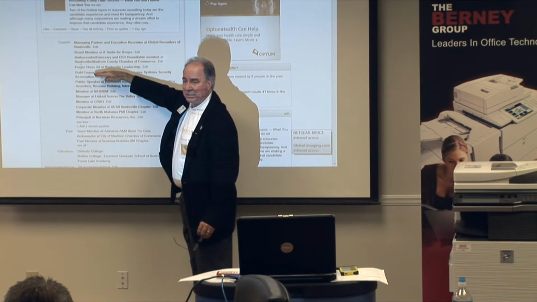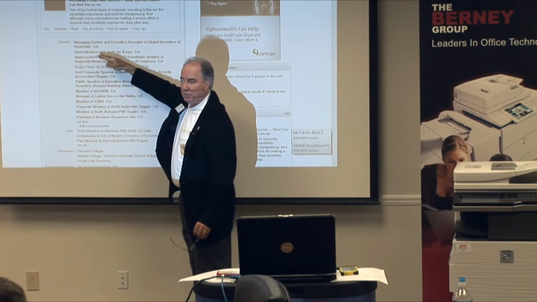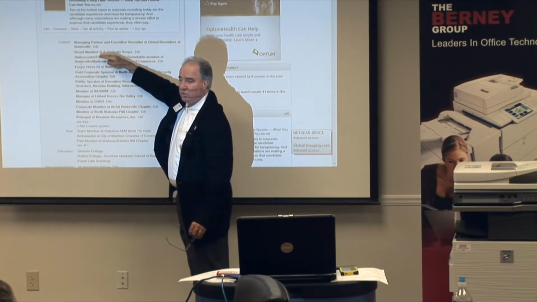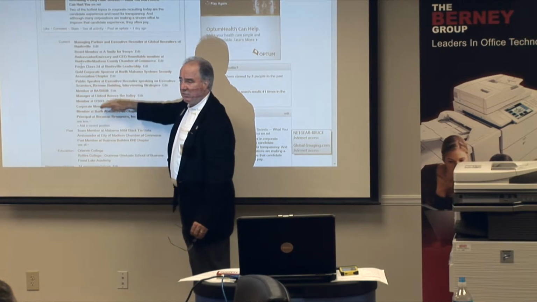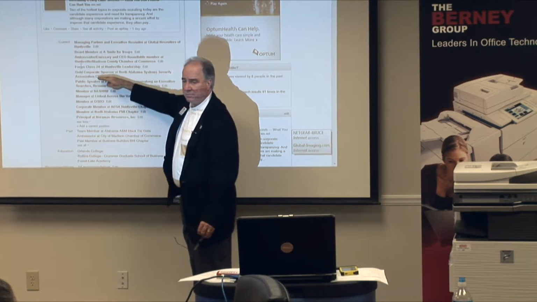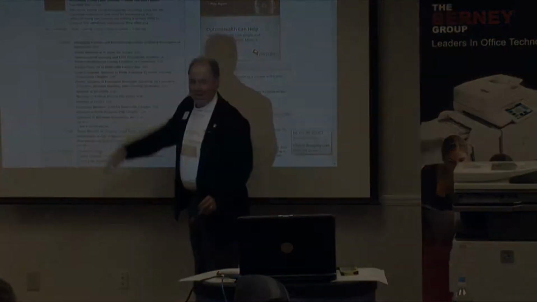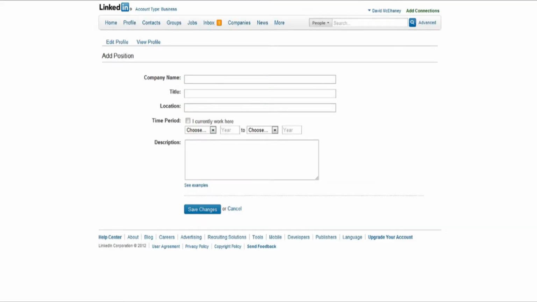So you can play with this, figure out which jobs you want posted first, make those your newest jobs, and then move these in chronological order. Okay, so you just go in and play with that. But again, let me go to the open screen, add a current, and you'll see right here it says time period. You click on I currently work here, and then you'll put in a start date, month and year.